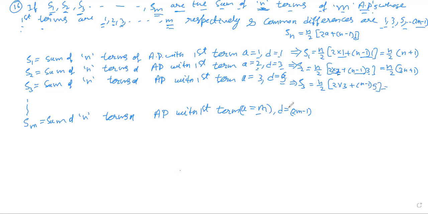So 6 plus 5n minus 5 is 5n plus 1. And Sm is the sum of n terms of an AP whose first term is m. So 2m plus n minus 1 into common difference 2m minus 1. So further simplify this also.